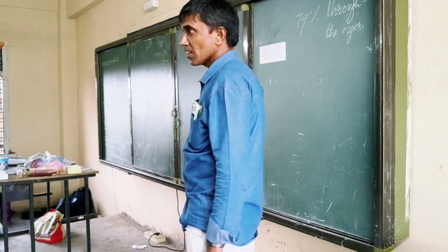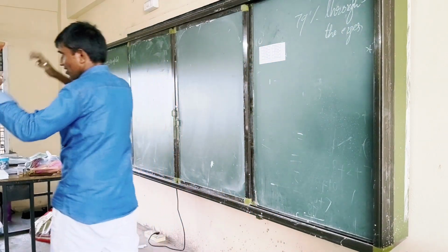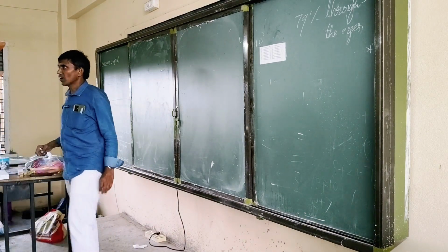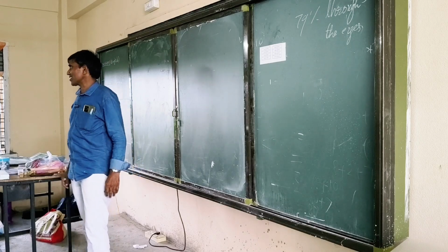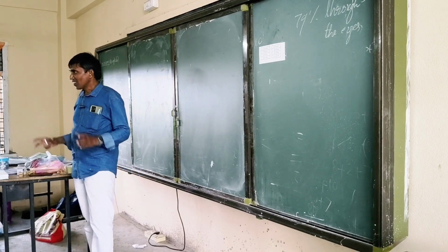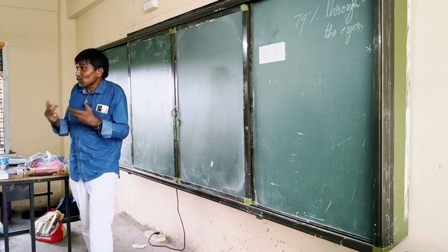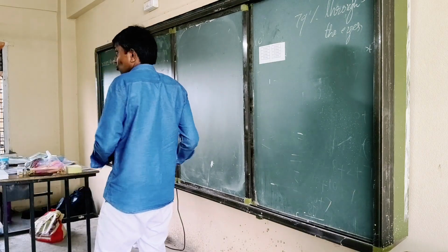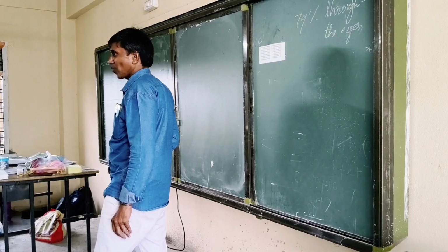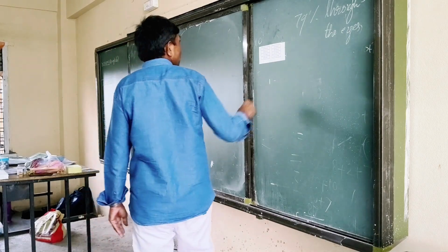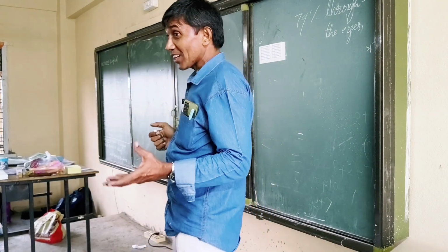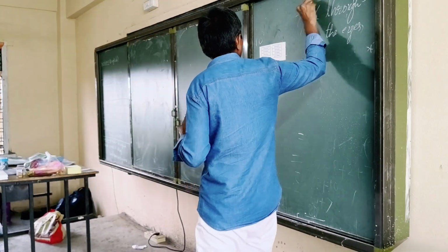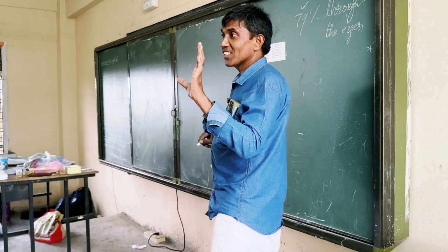Grasp through the eyes, watch. If we watch a movie, we can tell the story very excellently. If a story is listened to by us, we may not perform like that. So 79% of the knowledge, in grasping information, is by eyes.